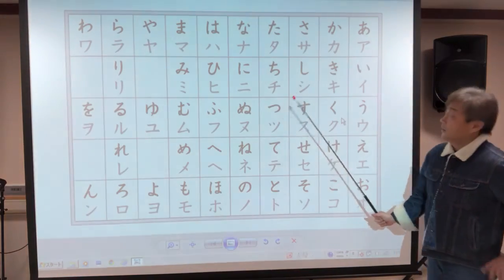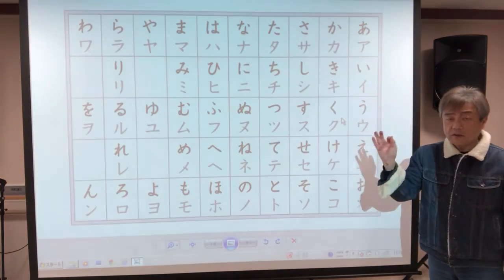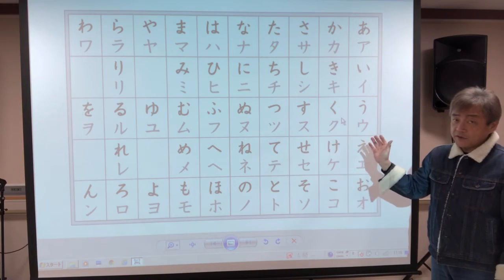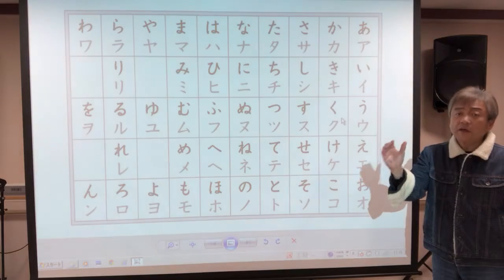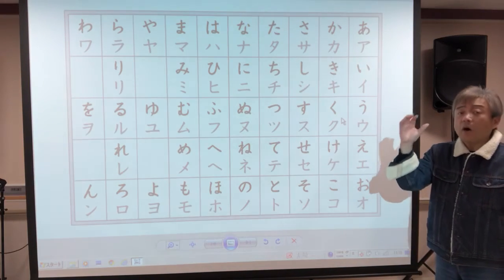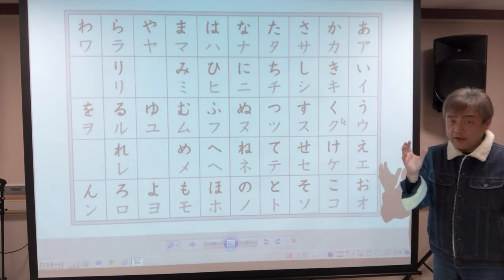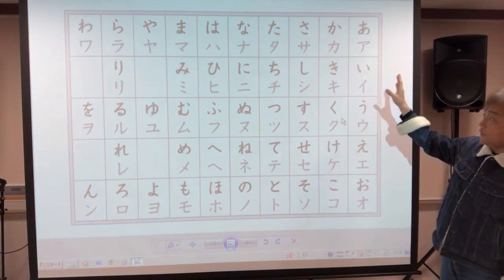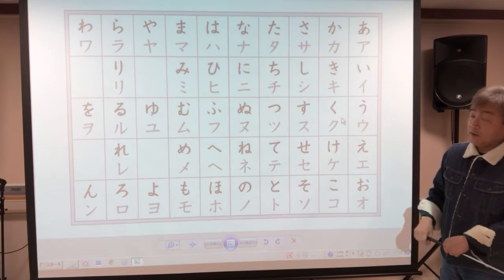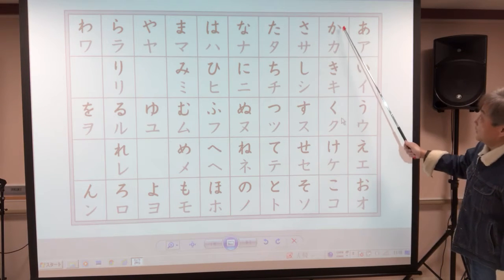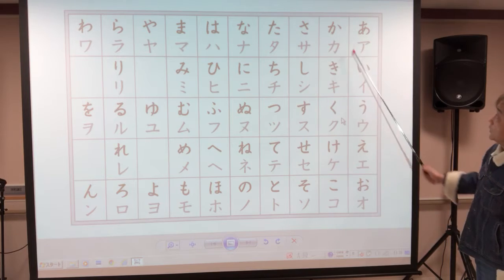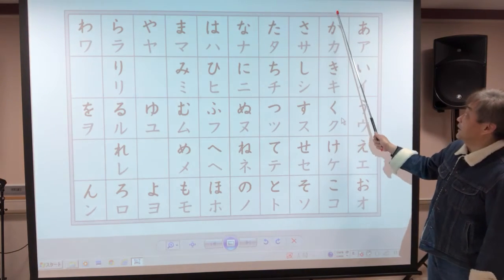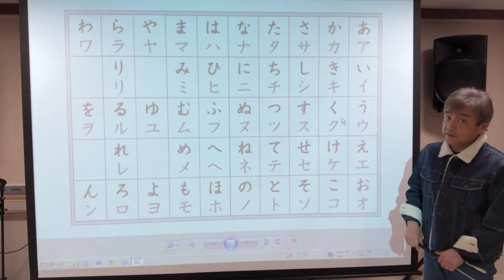But the biggest difference between English consonants and Japanese consonants is that a Japanese consonant is always combined with the vowels. That's why this chart is written this way. I will show you. The second line, ka ki ku ke ko, starts with, in English letters, the K consonant.